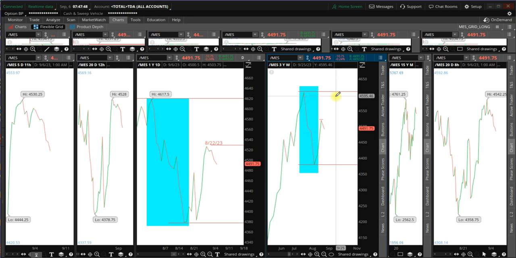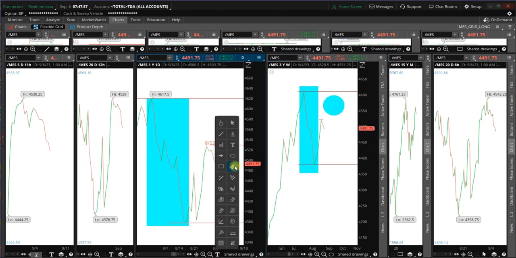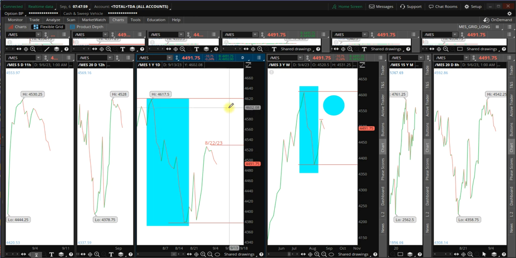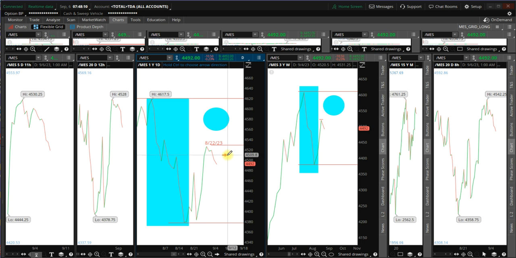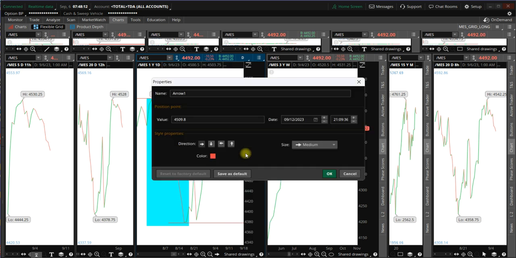Again, we don't know how far until we find another fractal. This is just a warning here to keep your eyes open. Okay, so right now, okay, this market is going to go down as of now.